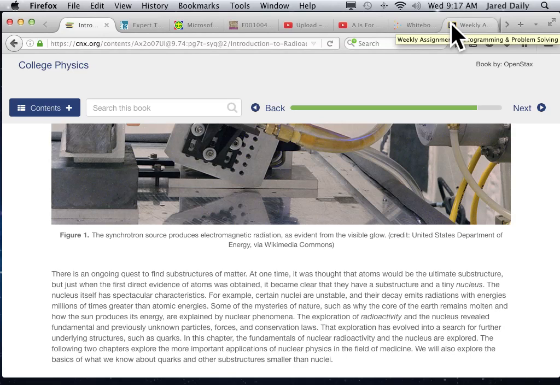Beta radiation. Anybody know what beta radiation is? What's beta radiation? Let's look it up, unless you know what it is.